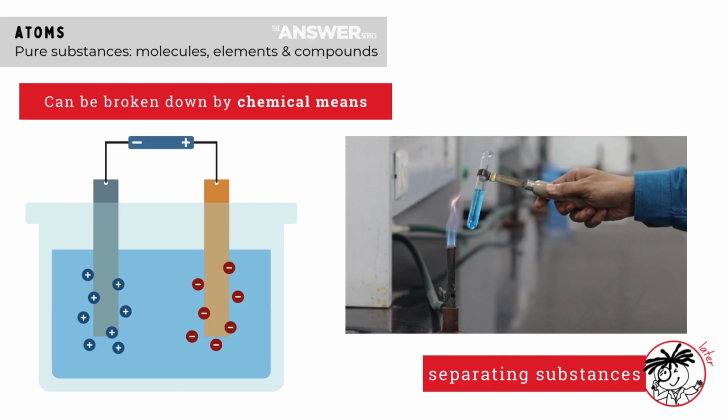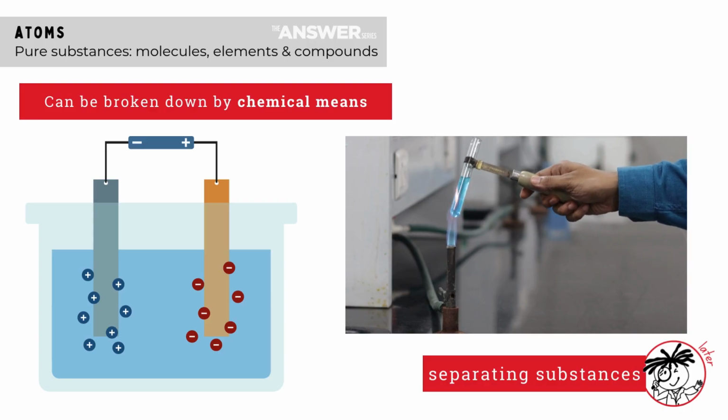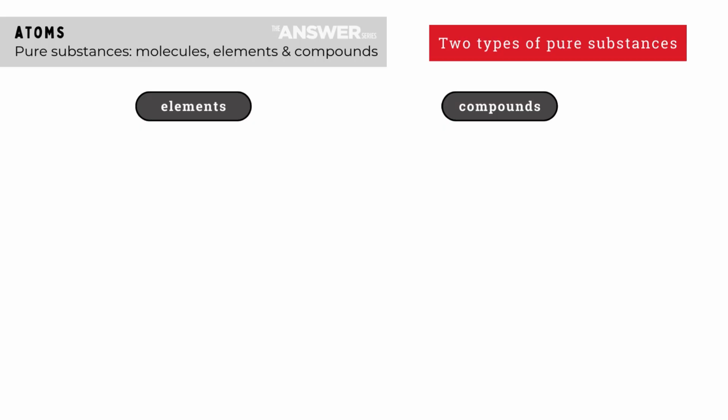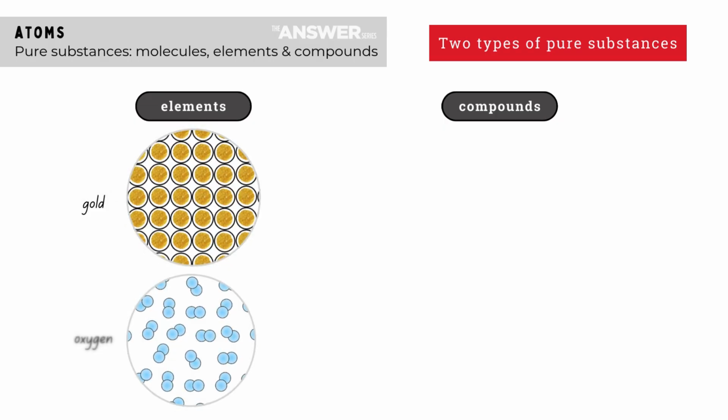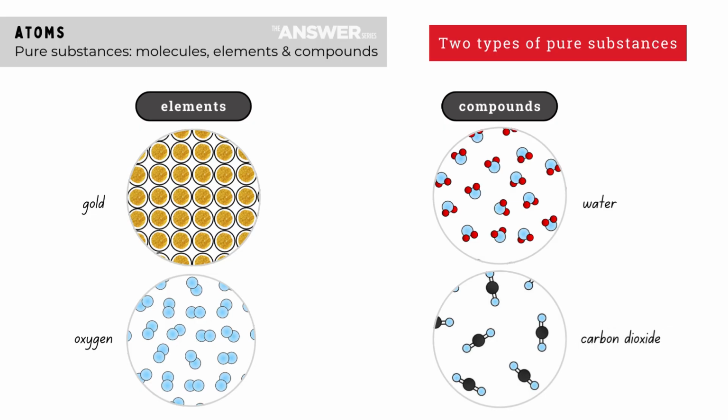And this mostly applies to compounds like water, but we'll look more into this in a later video. So ultimately, we get two types of pure substances: elements, for example, gold or oxygen, and compounds, for example, water and carbon dioxide. Both elements and compounds may also consist of molecules.